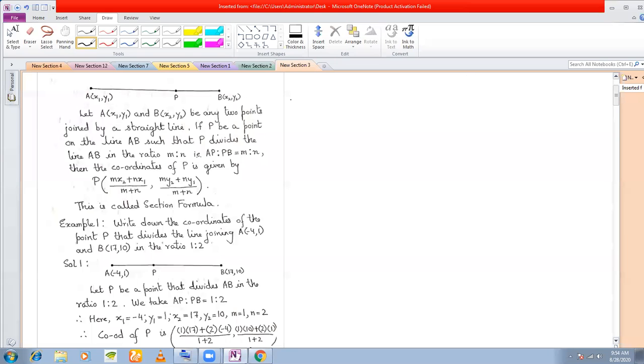Now in your section formula, 2 points are given. Say your A with coordinates x1, y1, and another point is given, say B, x2, y2. The coordinates of these two are given to you.